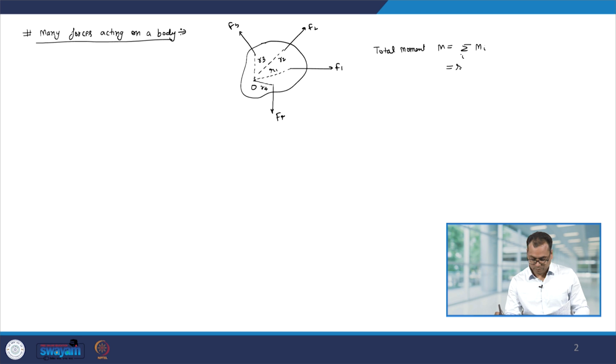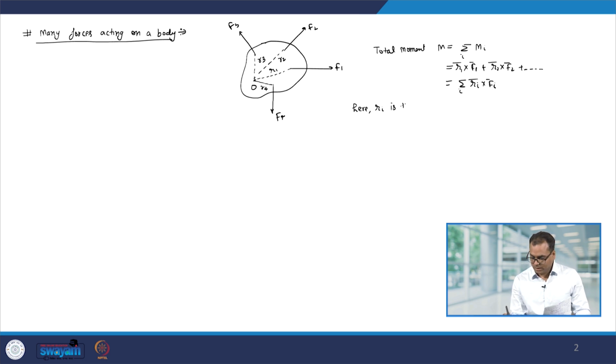So, here it will be R1 cross F1 plus R2 cross F2 plus so on, and this can be generalized as the sum over i of Ri cross Fi.